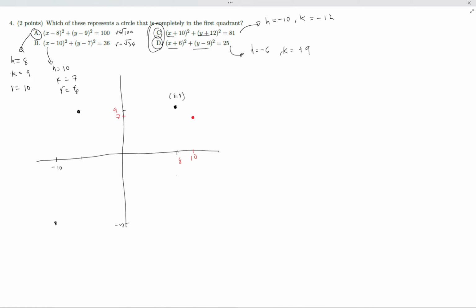From 9, 10 units below, that is 9 minus 10, or negative 1. So we find out now that this circle has a point that crossed out of quadrant 1. So now this circle is disqualified from the criteria that we need.